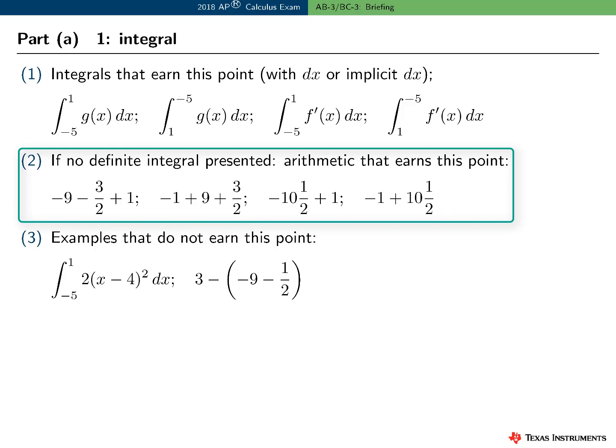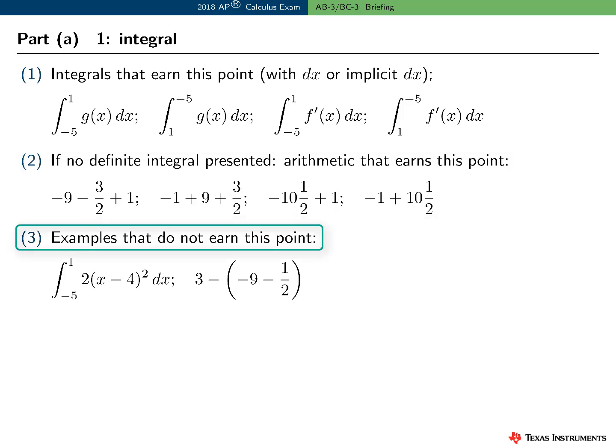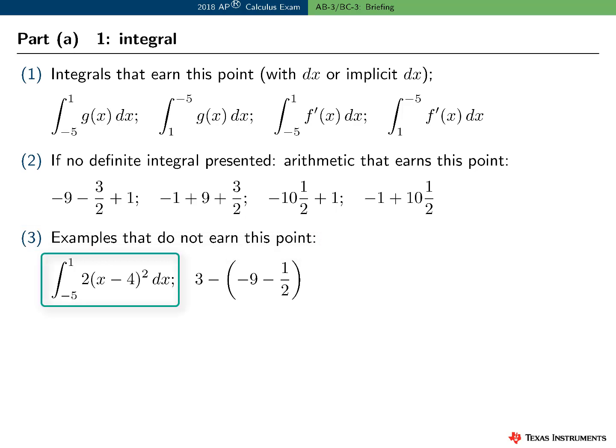And that means they had to present the area below the x-axis as the area of a square and a triangle, or as the area of a trapezoid, and show the area above the x-axis as the area of a triangle. And here are some examples. And here are some examples that did not earn the first point. In this case, the integrand is not the function g over the interval -5 to 1. And in this case, the arithmetic isn't sufficient to convey the definite integral.